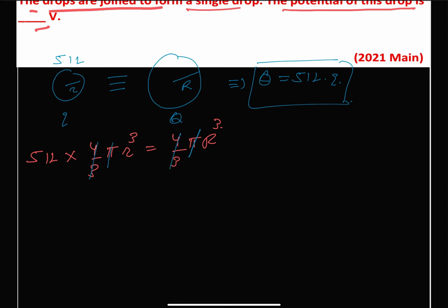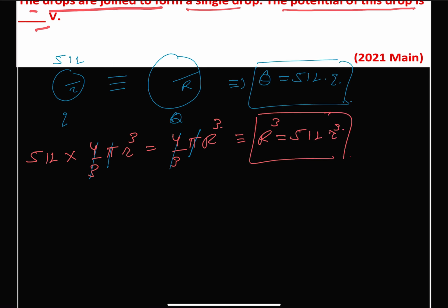So we get that R cube will be equal to, let me write it still as R cube, we can sort it out later, 512 times small r cube.